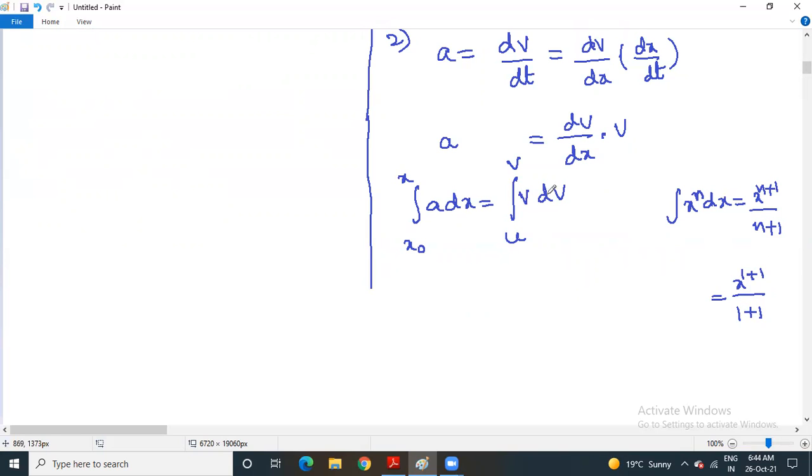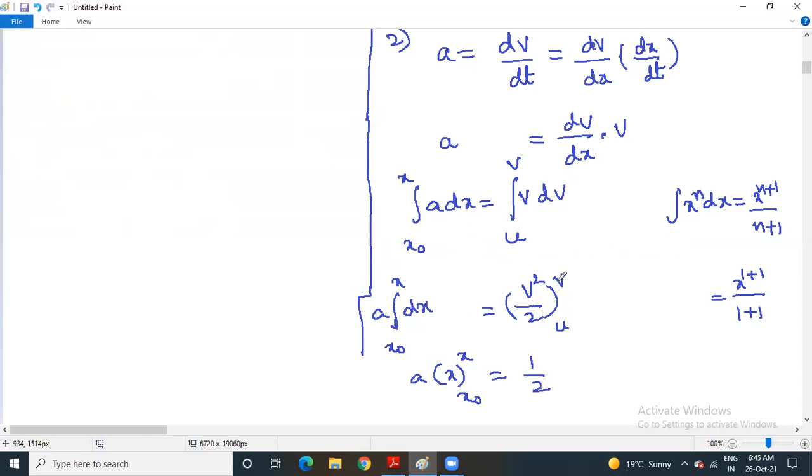So since instead of x you have v here, therefore it will be v square by 2, lower limit is u, upper limit is v. Similarly, a is anyhow constant. Only dx you will get, lower limit x naught, upper limit x. So therefore the integration of dx is x, x naught is the lower limit, x is the upper limit, 1 by 2. You need to substitute v and u in place of v square and u square.